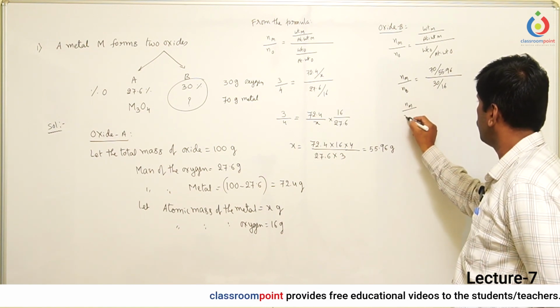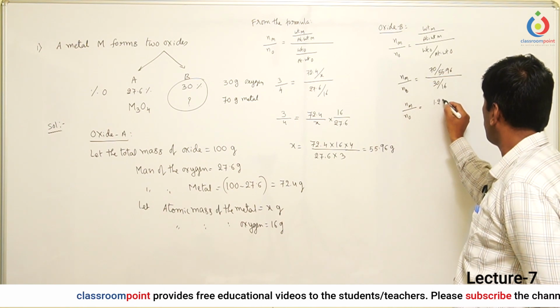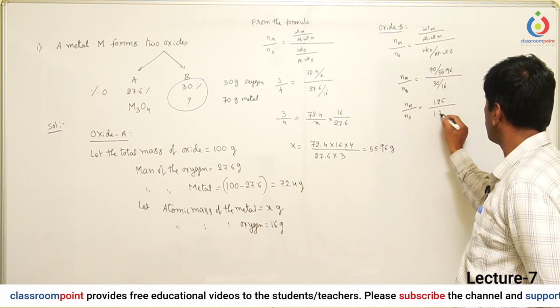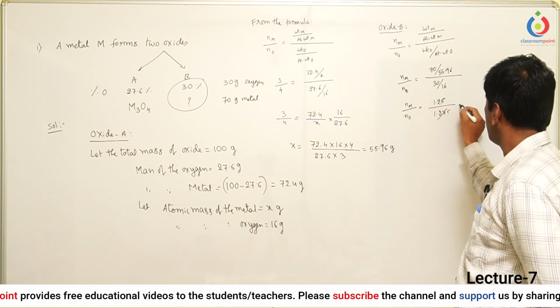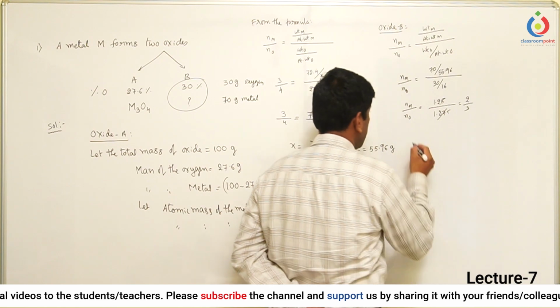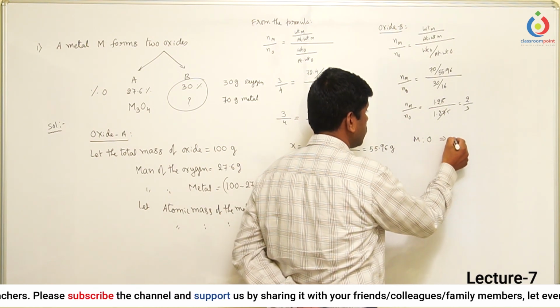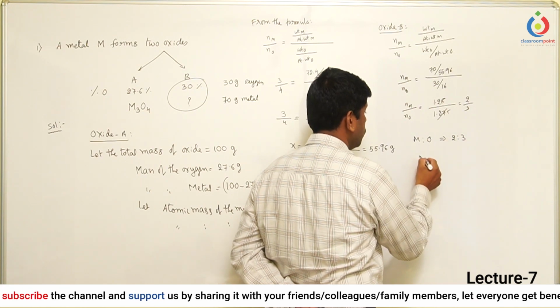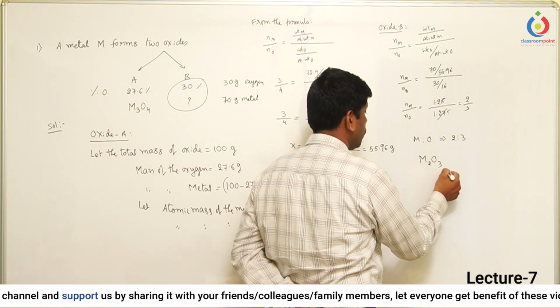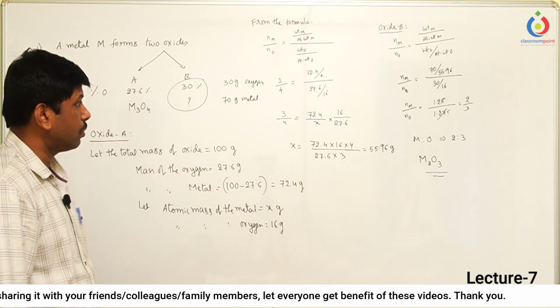So the mole ratio: this value is 1.25, this value is 1.875, it goes to 2:3. So the metal to oxygen ratio is 2:3, and that formula is M2O3. So like this we can solve this question.